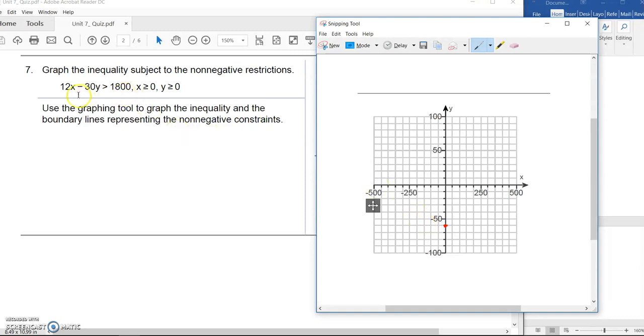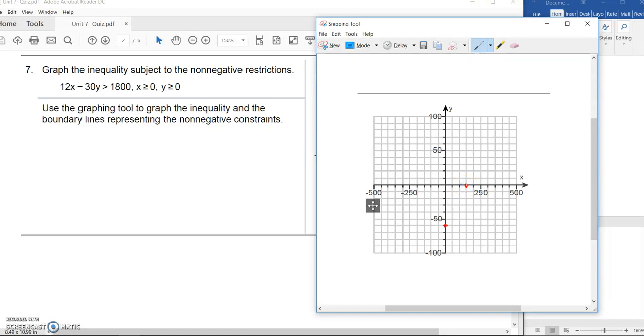And then same way, we need to find the x-intercept by plugging in 0 for y. And when you do that, you get 12x equals 1800. 1800 divided by 12 is 150. So 150 is on the x-axis, you got 50, 100, 150.